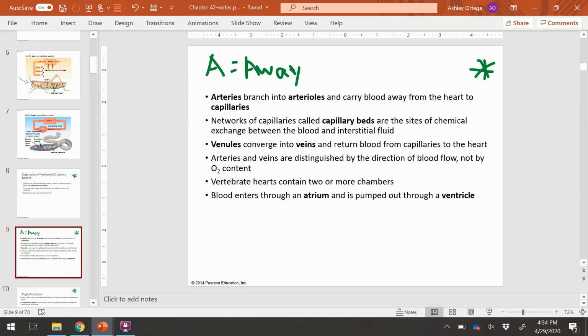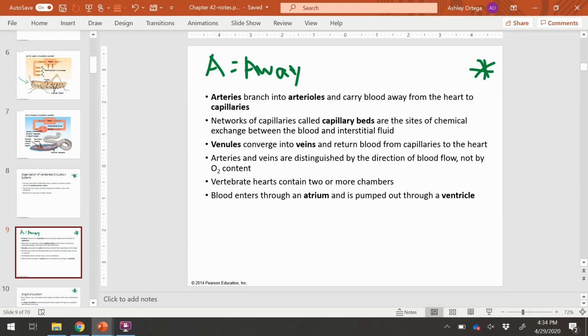So arteries are the largest, then arterioles, then capillaries. And so arteries and arterioles carry blood away. So I like to think A equals away. It's carrying blood away from the heart. And blood vessel flow is based on the heart because that's the easiest way to define it.